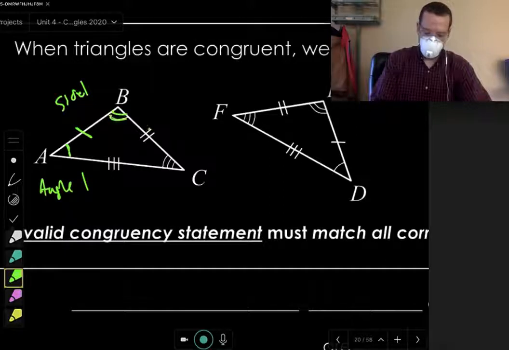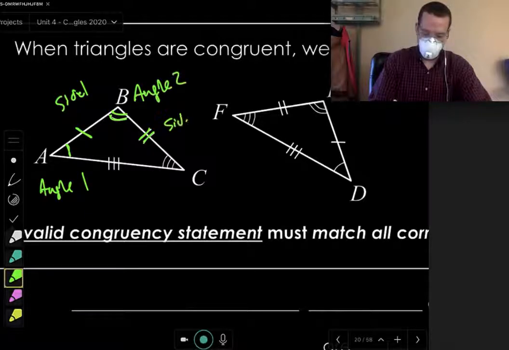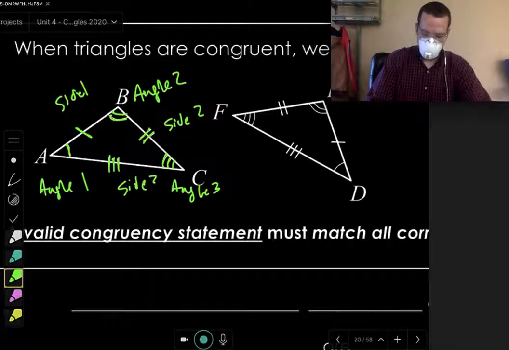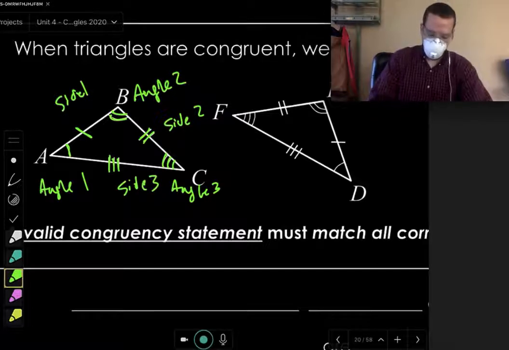Two hash marks, this would be angle 2, side 2. Again, 3 and 3, angle 3, side 3. And why that's important is because the sides are corresponding.